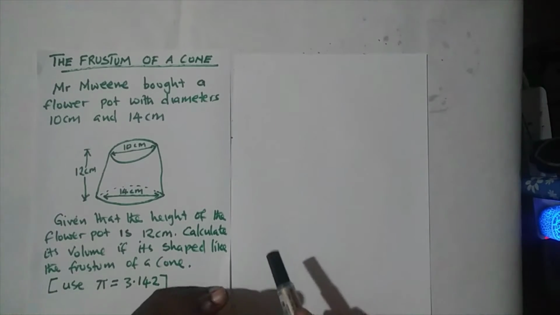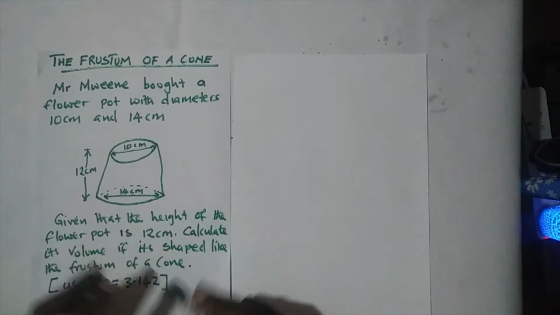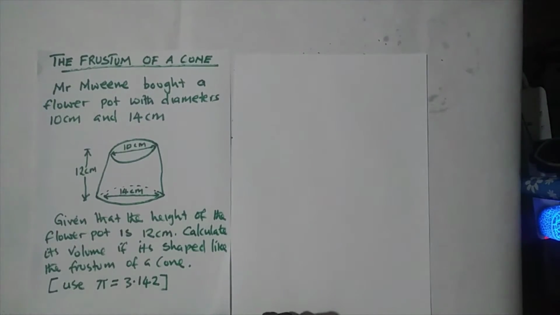So the question is telling us that we are dealing with the frustum of a cone. What we are going to do now is apply the formula for calculating the volume of the frustum of the cone. The question stresses to use pi as 3.142.